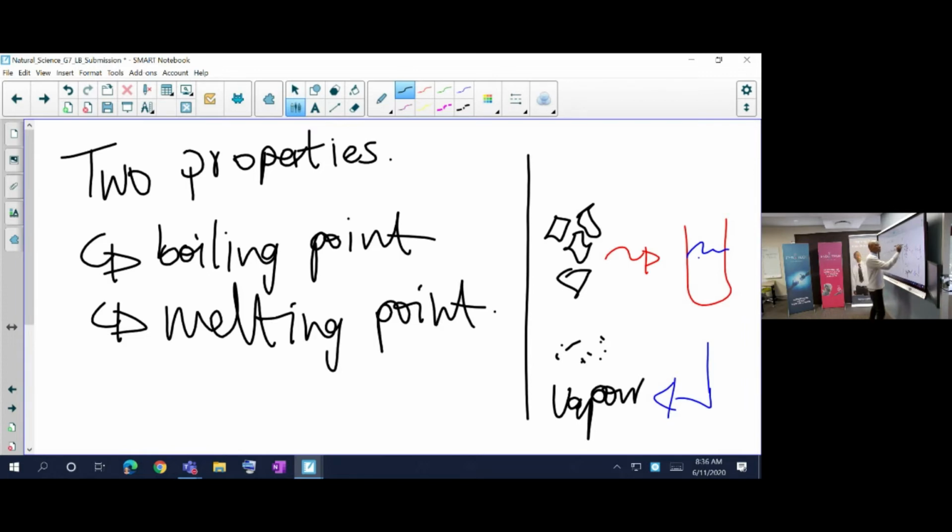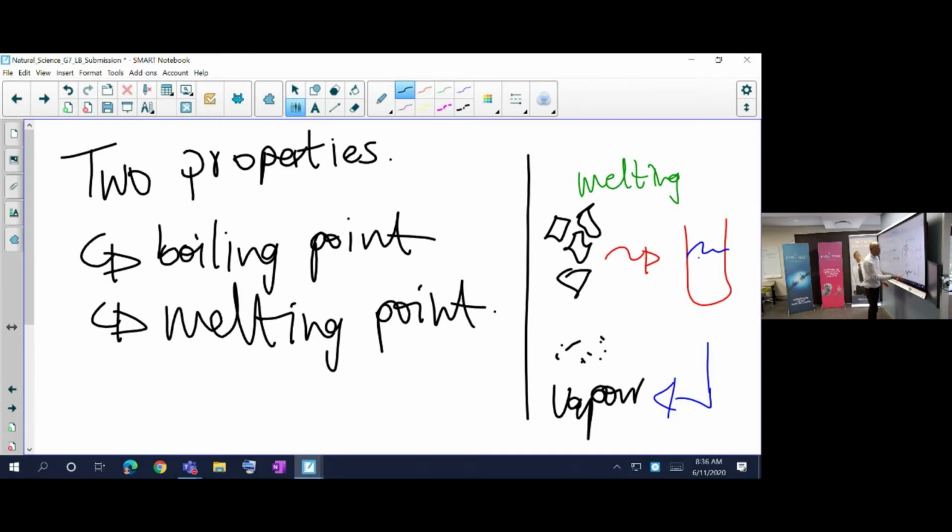What's happening in between this and this, we remember as melting. That's our melting process. When ice or solid transforms to liquid, we say it is melting. We did these under phase change.